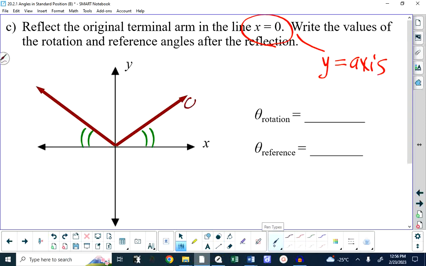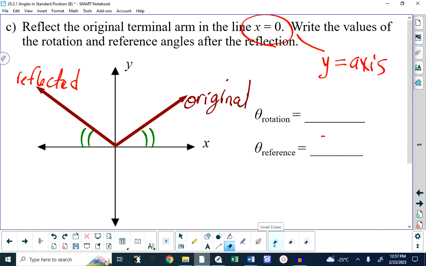Again, this is the original, and this is the reflected. You can see that the reference angle is still 38 degrees. But to find the rotation angle, we have to use our knowledge that it's in quadrant 2 and say it must be 180 minus 38, which I think gives me 142. Is that right? 142? So the rotation angle theta is 142 degrees.